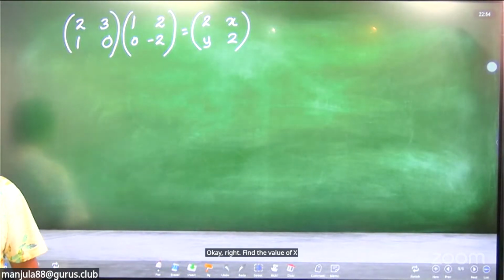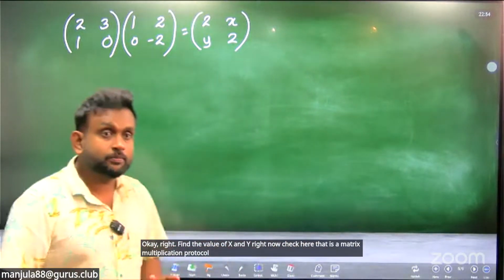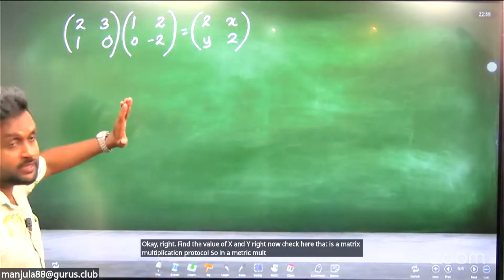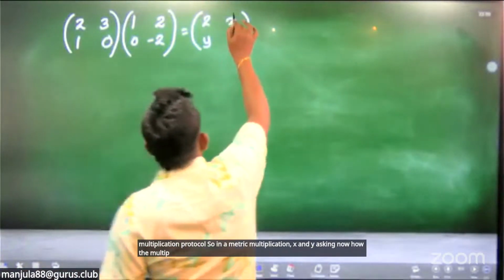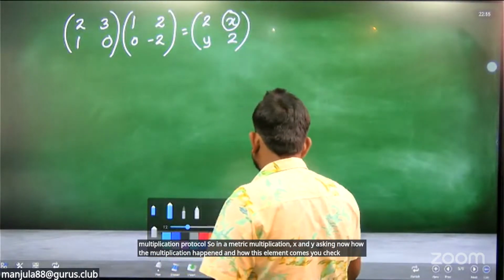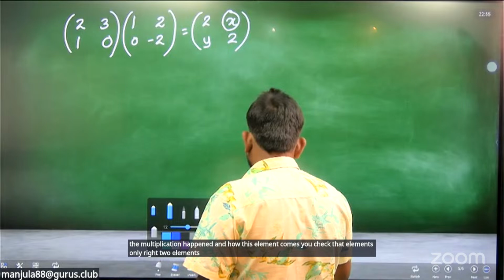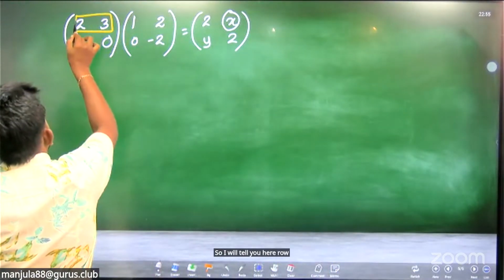Now check here. That is a matrix multiplication. So in a matrix multiplication, x and y are asked, now how the multiplication happens and how this element comes. You check that elements only, right? Two elements. So I will tell you here row multiply with the column.